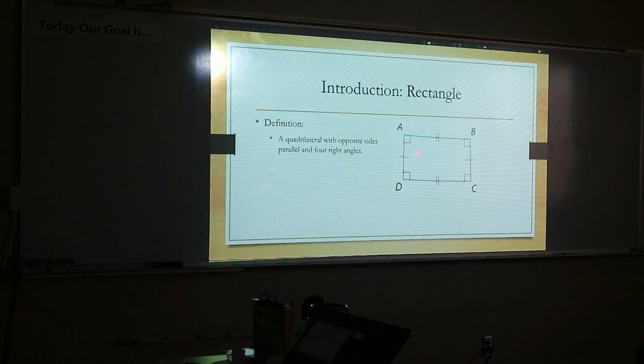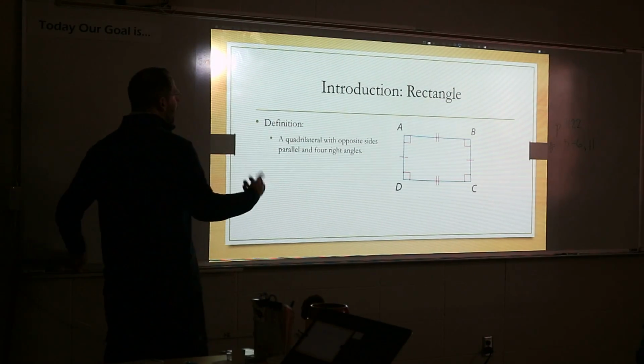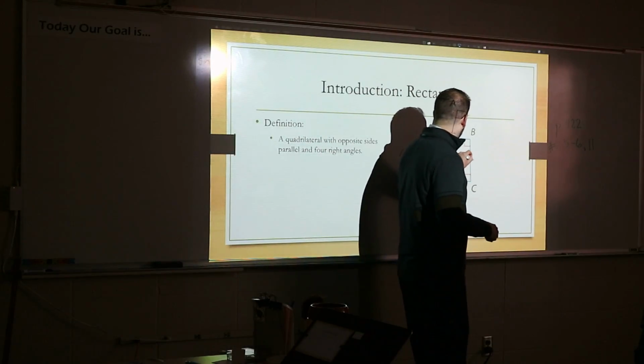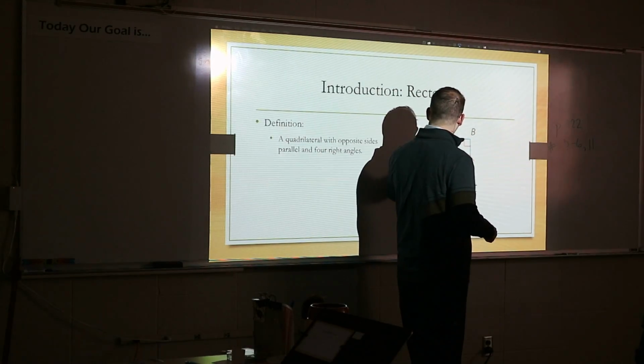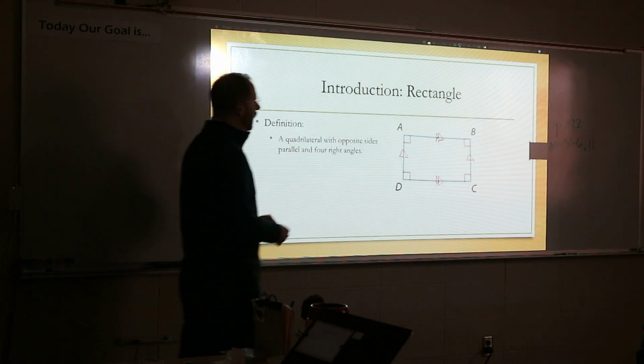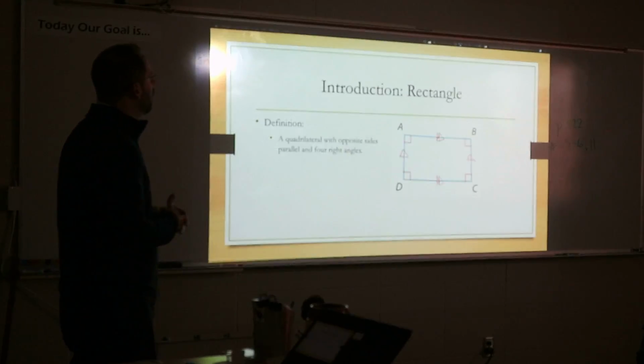Namely, certain walls are the same in terms of length. When you're drawing this picture, you don't need to put those markers there. The reason why is that that's just one of the properties we're going to eventually talk about. But the definition of a rectangle means that certain walls are parallel. I'll put double arrows here. There we go. They have certain walls are parallel, and then they have right angles in the corners. That's the generic definition of a rectangle.